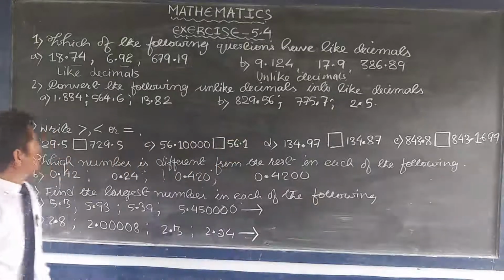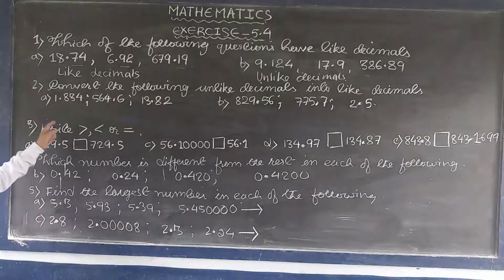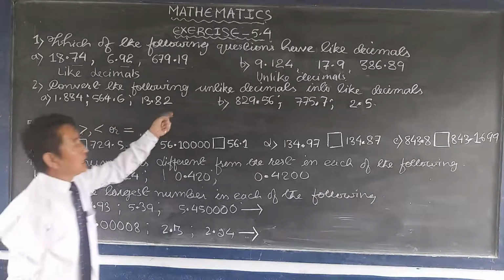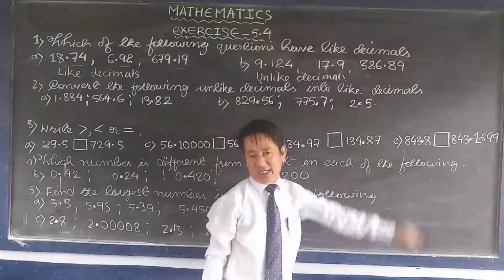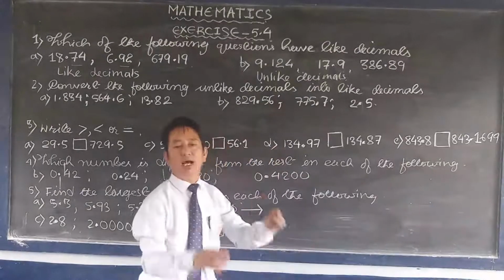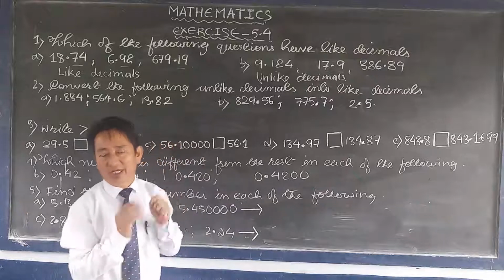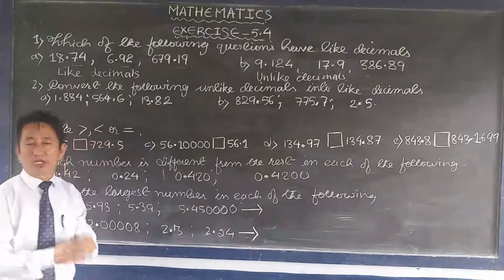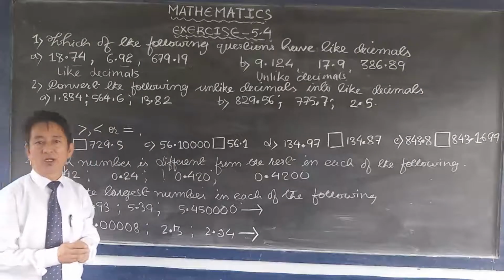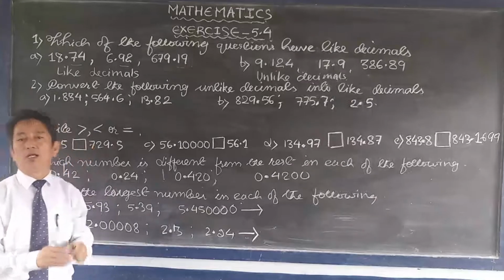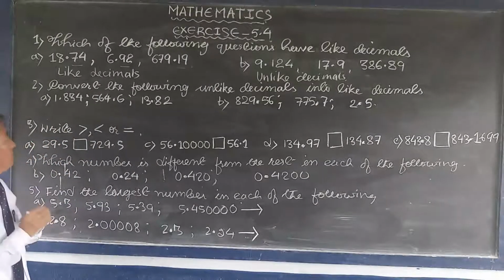Now next, question number 2. Convert the following unlike decimals into like decimals. Like decimals are the numbers that have the same number of decimal places, and decimal places means the number of digits after the decimal point.